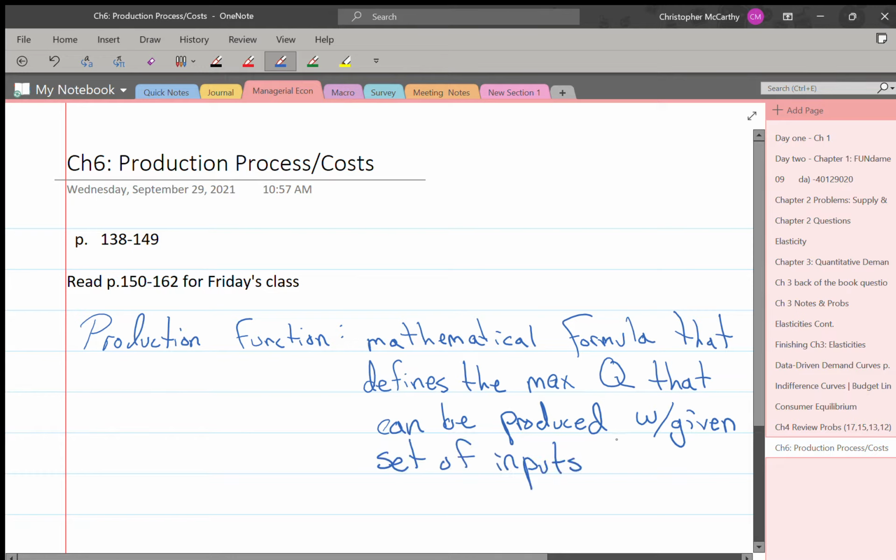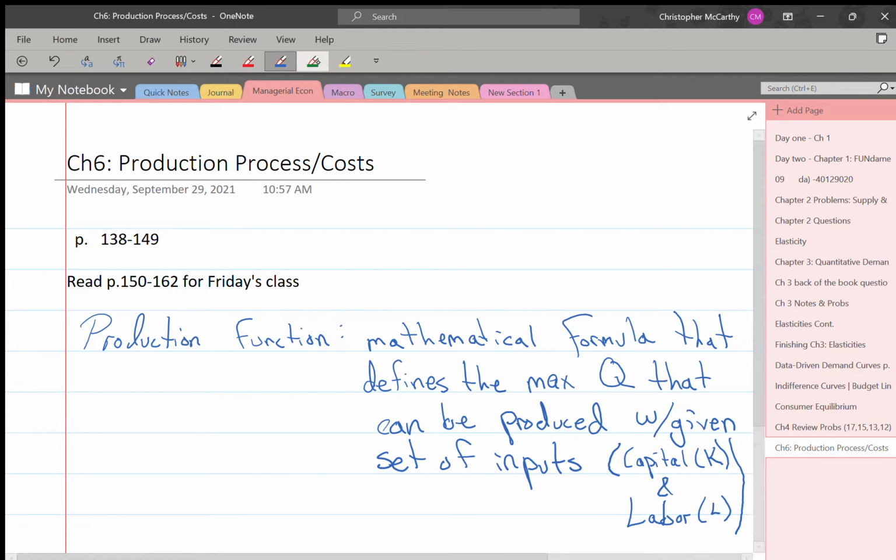And the inputs we're going to use in this example are our standard big clumpy groups. We're going to have capital, which is abbreviated with a K, and labor, which is abbreviated with an L.